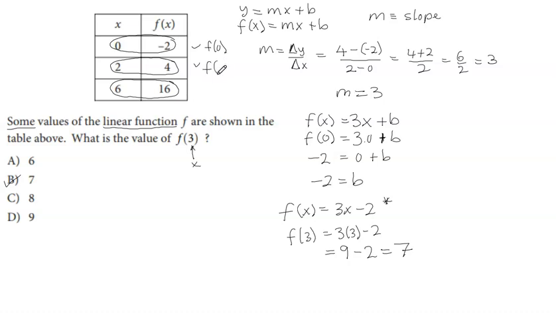And this is for f of 2, and the third one is for f of 6. So you have to be able to look at it that way. These are the values when you substitute the corresponding x value. So that's it for this one.